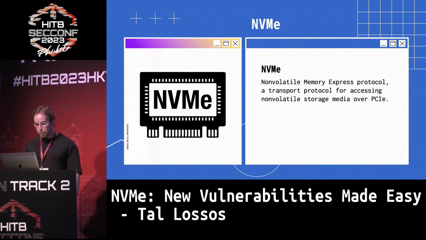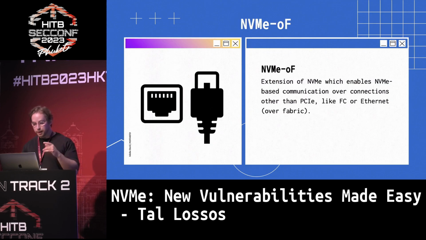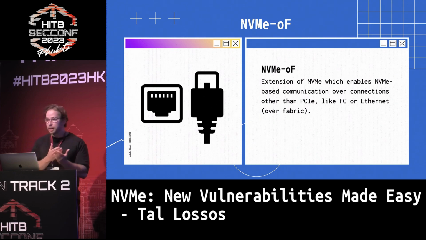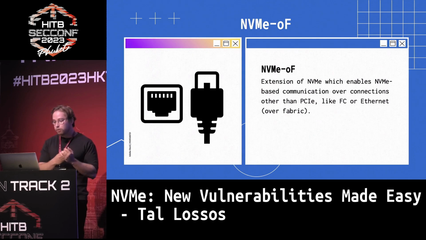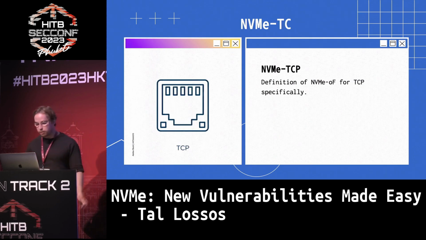If you don't want to transfer over PCIe, it has an extension called NVMe-oF, which lets you transfer data over connections that aren't specifically PCIe, for example over Fibre Channel or even Ethernet. And NVMe/TCP is a specific implementation of NVMe-oF for TCP.